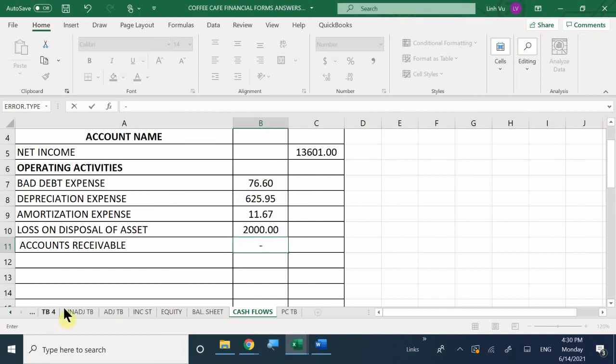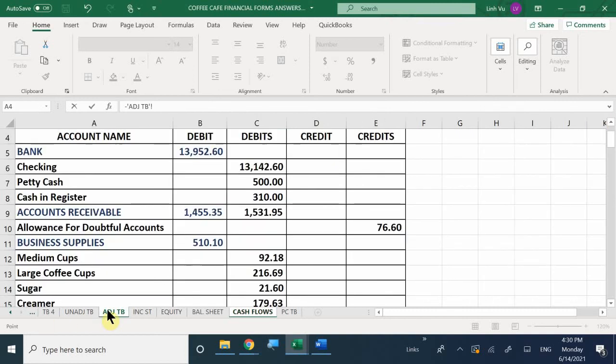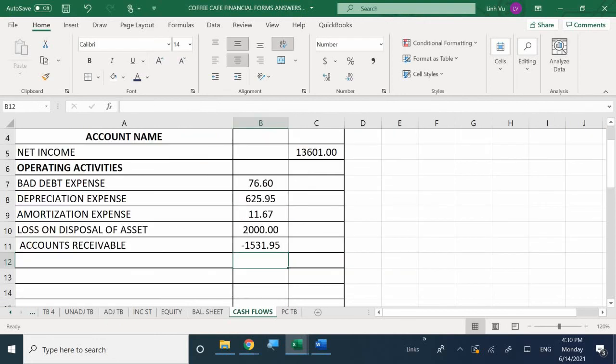So I'm going to subtract out my full amount that people owe me, $1,531.95, because I've already added back my bad debt expense.